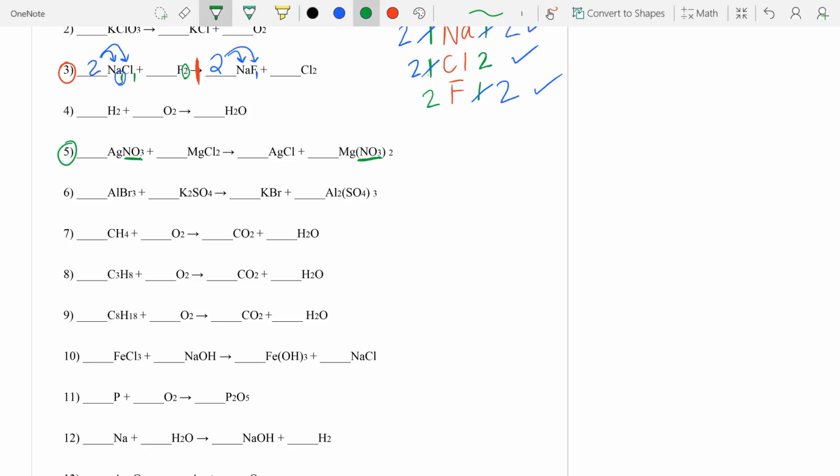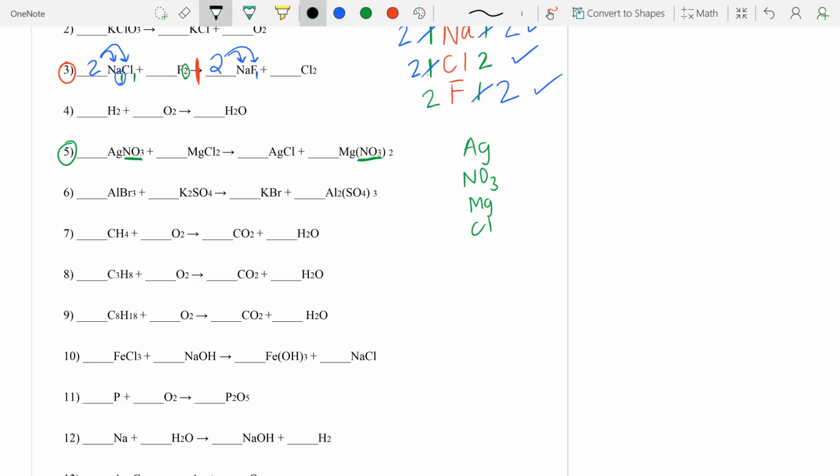So instead of writing it out as silver, nitrogen, oxygen, magnesium, and chlorine, and really having a large set of elements to work with, we can keep NO3 together because they're together on both sides of the equation, and that significantly shortens the amount of work that we're trying to do.